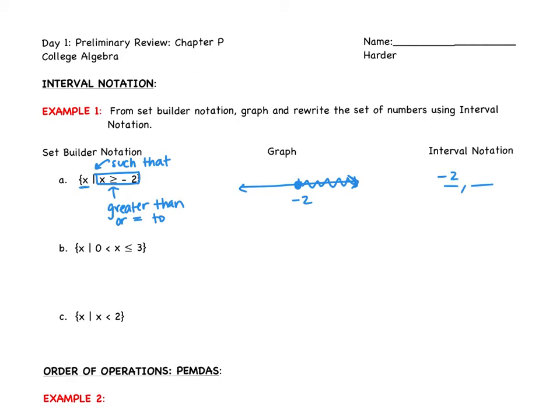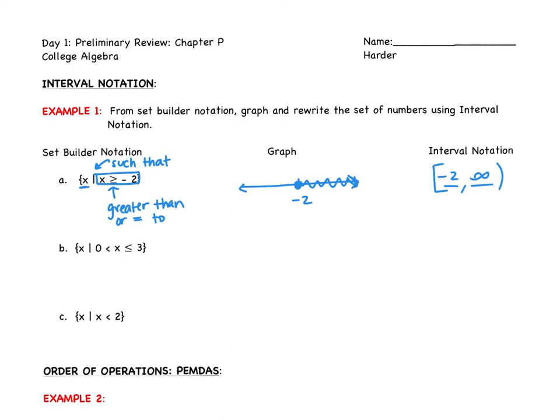There is no ending point, so we say we go from -2 to infinity. Anything that is included, like that -2, is going to get a bracket. Parenthesis, or not parenthesis, infinity is not a number. We can't include infinity. So instead, we do a parenthesis.